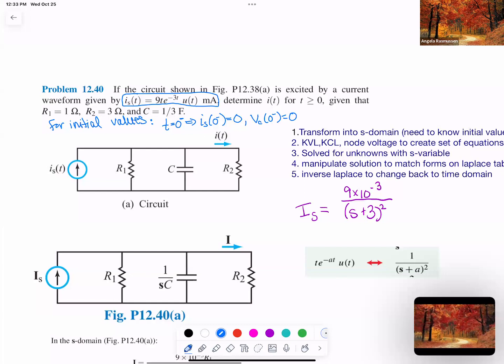No, I had to have this factor. We did have this thing. Oh, there.